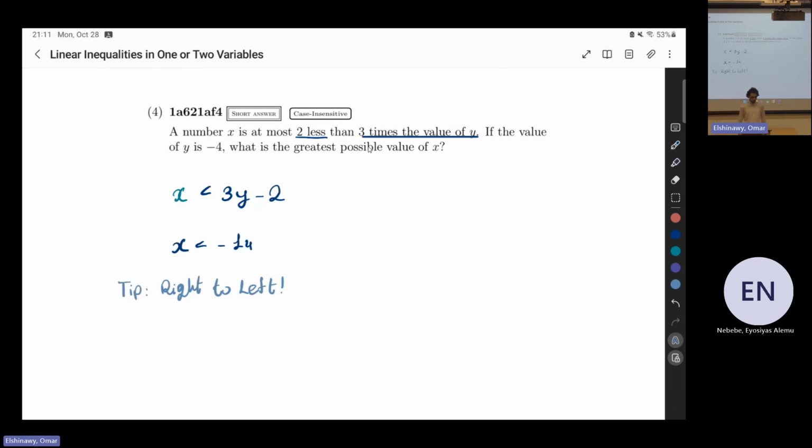Is at most, so yeah, it can be. So the greatest possible value of x is probably minus 13 if x is an integer. I mean, the answer sheet says that it's minus 14. Then maybe with good intentions, we can just assume that it's less than or equal to, and then minus 14 is the answer. If that makes sense.